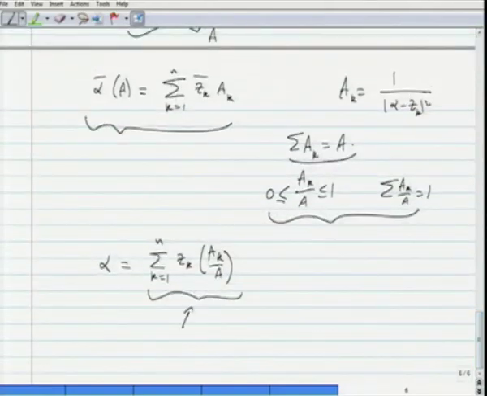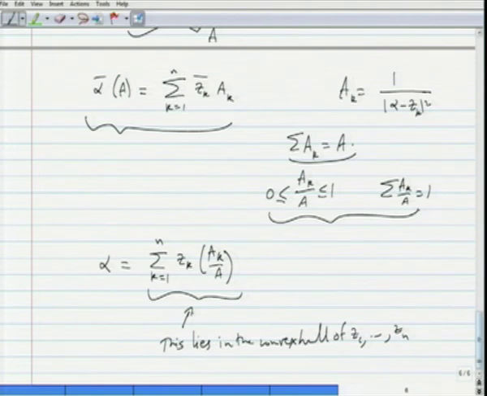So, this complex number lies in the convex hull of z1 through zn, by property 2 above.